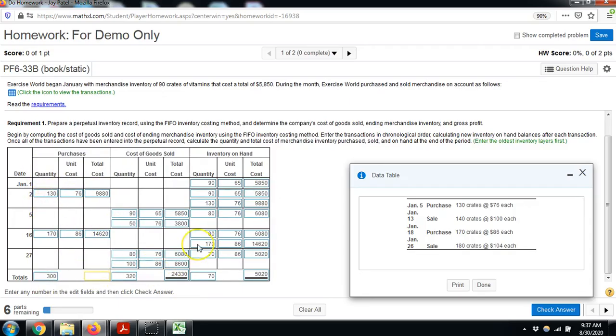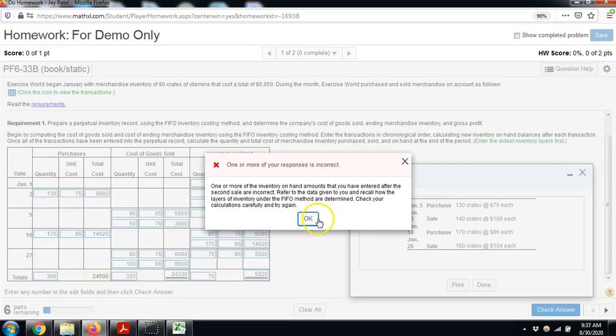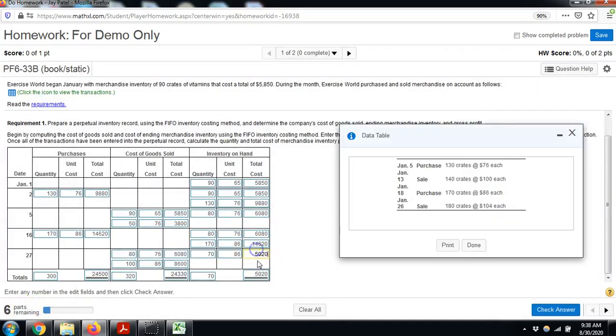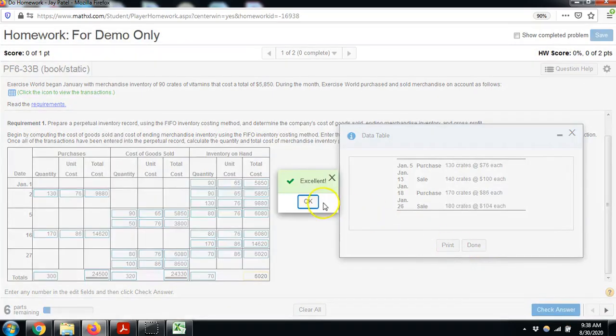And the total cost was this plus this. Okay, so let's see how we did. Okay, I think I did some math incorrectly here. That works. Okay.